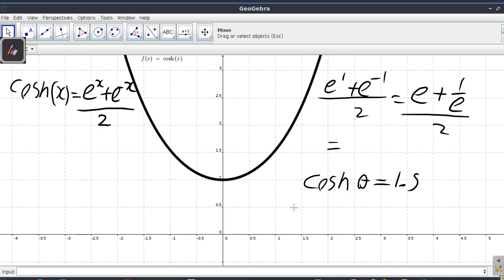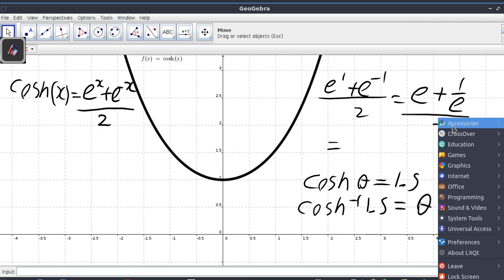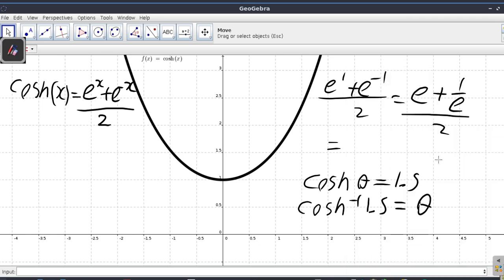Now, if we find the cosh inverse of 1.5, we're going to get theta. Let's use the calculator to do that. Alright? So the cosh inverse of 1.5.